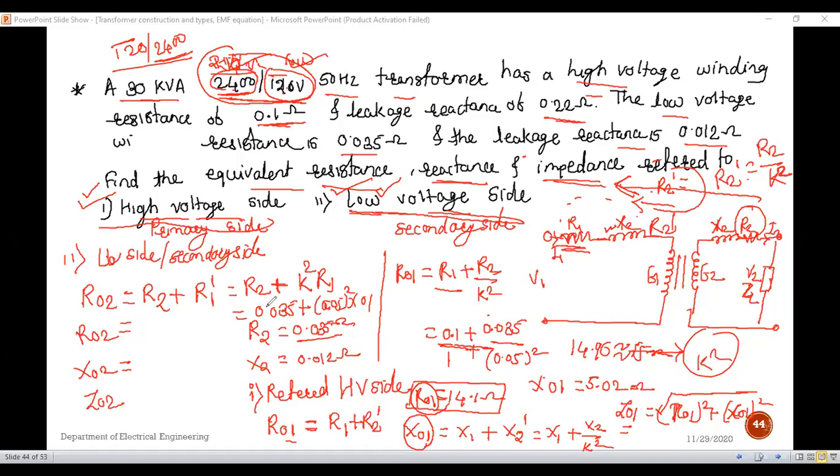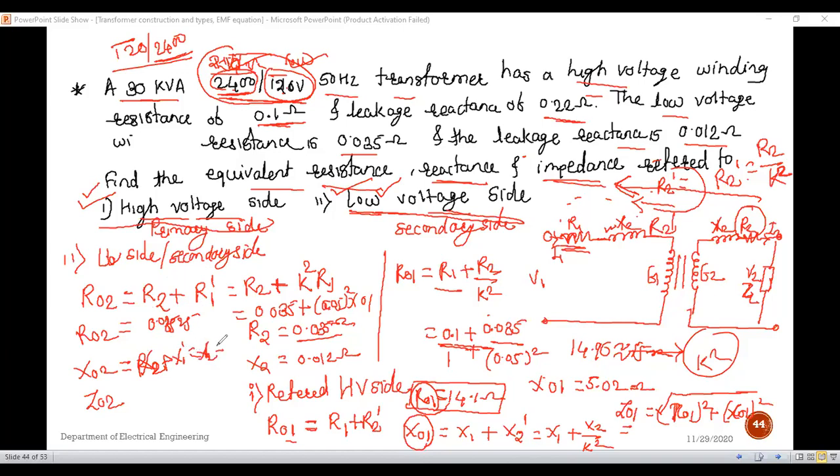R2 plus R1 dash, what is the value of this R02? Do the calculation, do it fast. 0.035, 0.03525, right? 0.03525. Similarly, X02 is nothing but X2 plus X1 dash.